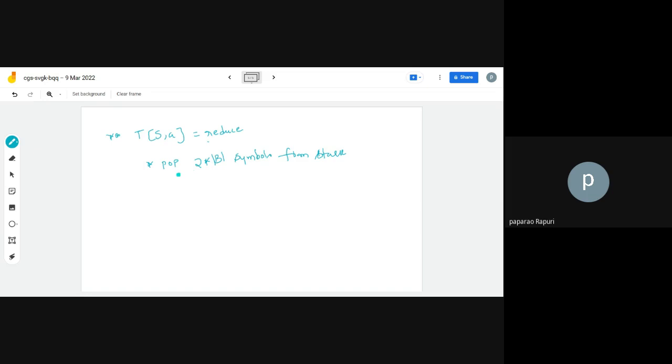First we need to perform the pop operation, and secondly we need to push the non-terminal of the left hand side production.